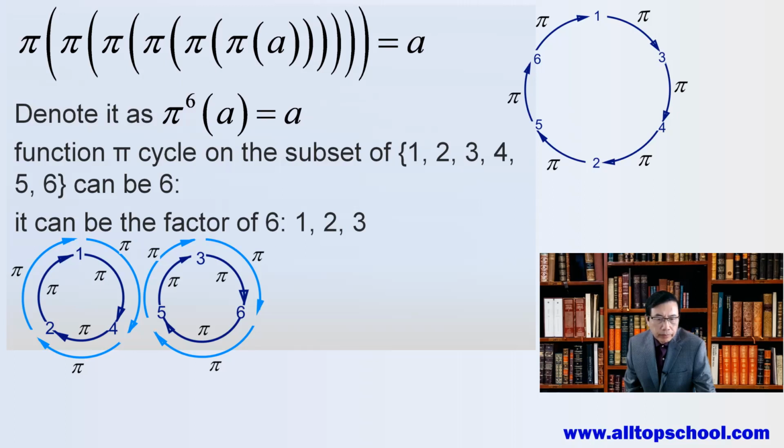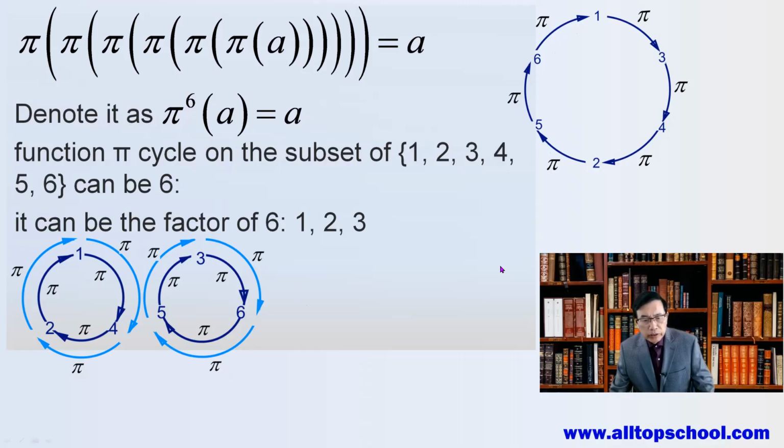And cycle 1 just maps to itself, right? pi(1) equals 1, pi(2) equals 2, those kinds of cycles. So when it maps to itself in 1 step, after 6 times it still maps to itself. These are just a few examples: a cycle of 6, two cycles of 3, and we may have other cases.